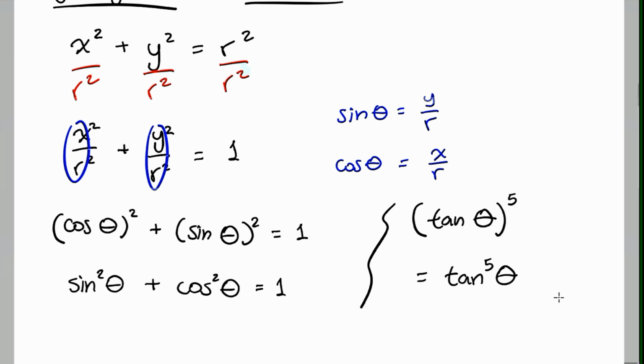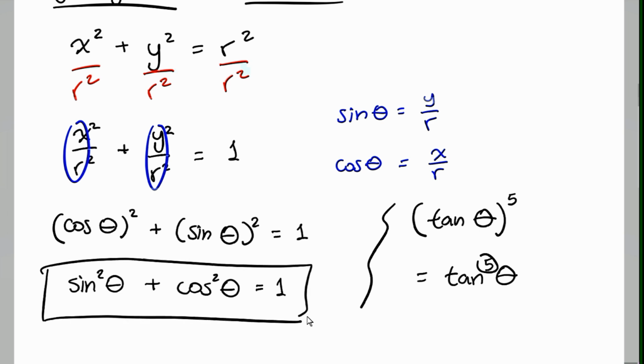So to avoid any kind of miscommunication, we're going to write the power here. And just like you see here for sine squared and cosine squared, that way it's never accidentally applied to the angle measure. So this guy is super big, super important. We're going to be seeing a lot of him. Okay, so that is what happens if we divide everything by r squared.